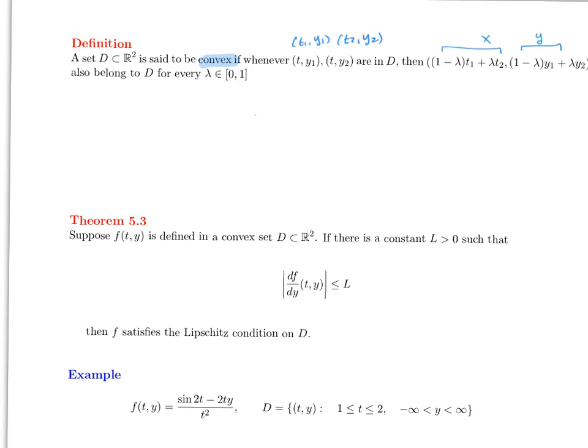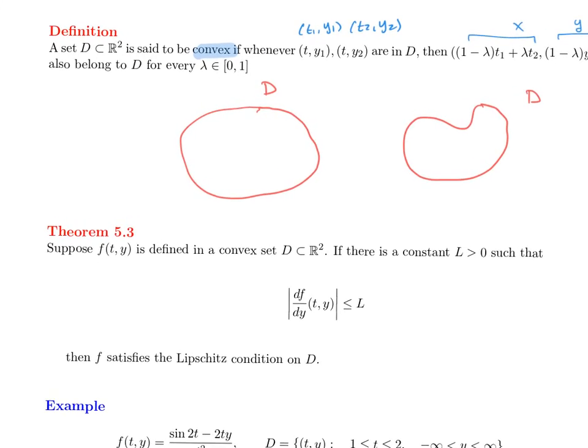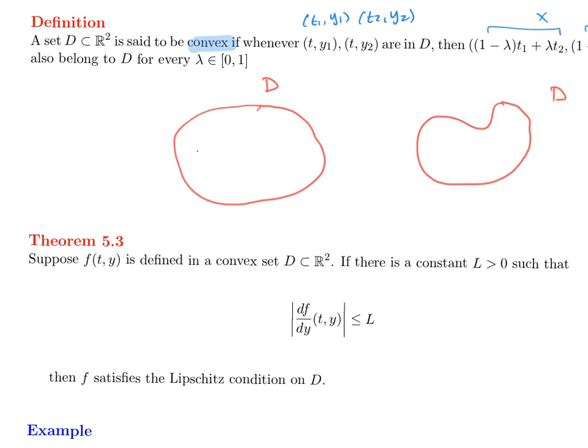Let's say that you have a set D that looks like this, so this will be D. Then you have another one that looks like this, also D. Then you have the two points in here. Let's say this one is (t1,y1) and this is (t2,y2).